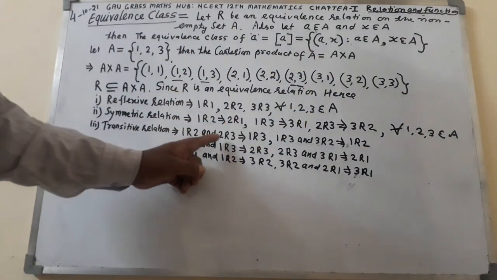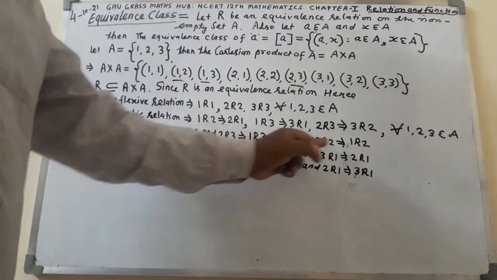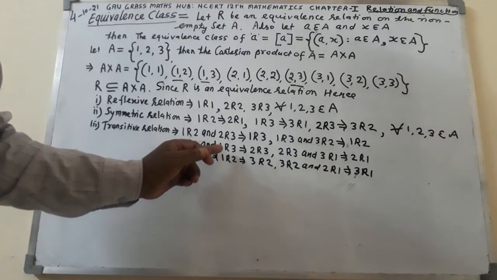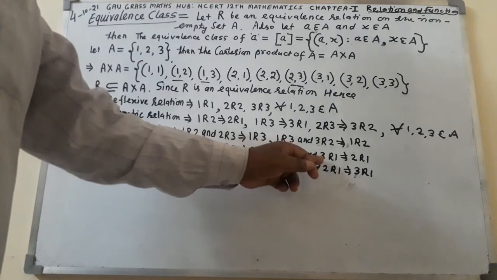Now 2 2, 1 3, 3 3, 3 1, 2 2, 1 1, 1 2, 3 2, 3 1, 3 3, 2 1.